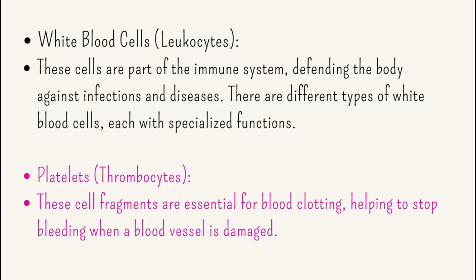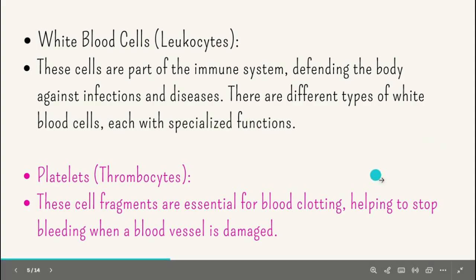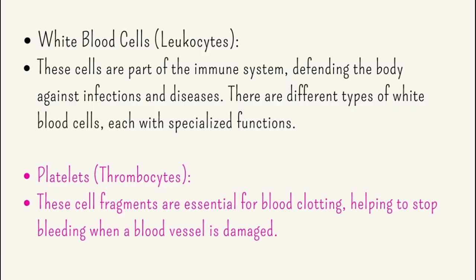So now white blood cells. The main thing that you need to remember about white blood cells is that they fight infection and they fight diseases, right? So for example, if you get a cut, these white blood cells are literally what would rush to the area, right?